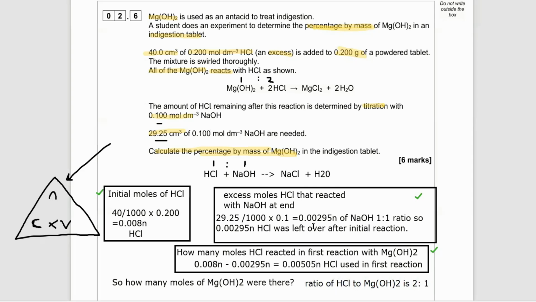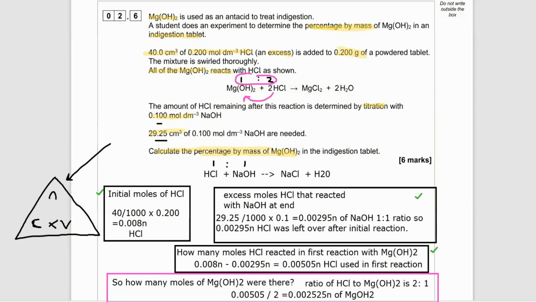We need to divide it by 2 to find how many moles of magnesium hydroxide we originally had in the tablet. You can see here I've highlighted in pink, there's the ratio of 2-to-1 of acid to magnesium hydroxide. So we're going to go 0.00505 divided by 2. We're going to find out that we had 0.002525 moles of magnesium hydroxide.